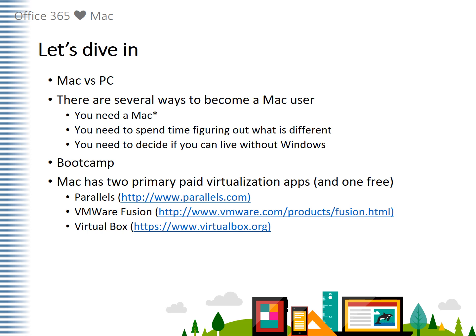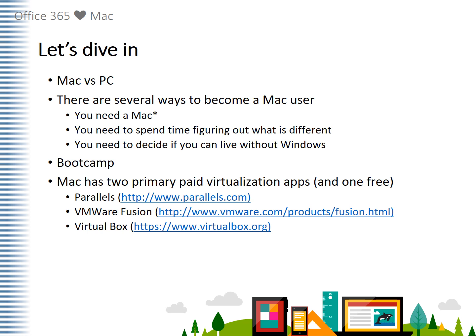Probably a year or two into my learning about the Mac operating system, the OS X versions, I started working with the primary versions of virtualization that are available under the Mac OS X platform. And these are Parallels, and again, there's a link in the PowerPoint, as well as VMware Fusion.